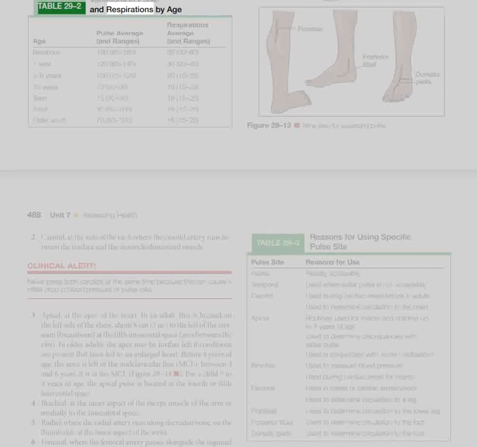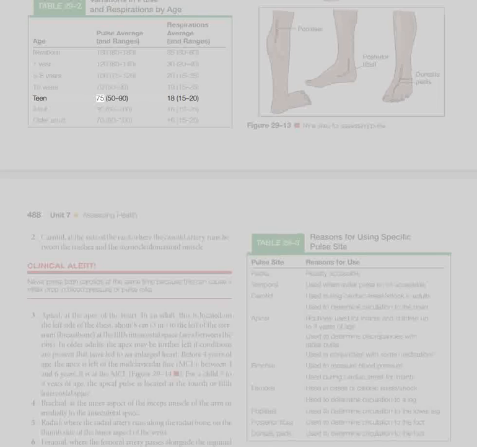Variations in pulse and respirations by age. Table 29-2. Age, pulse average and ranges, respirations average and ranges. Newborn: 130, 80 to 180; 35, 30 to 60. 1 year: 120, 80 to 140; 30, 20 to 40. 5 to 8 years: 100, 75 to 120; 20, 15 to 25. 10 years: 70, 50 to 90; 19, 15 to 25.